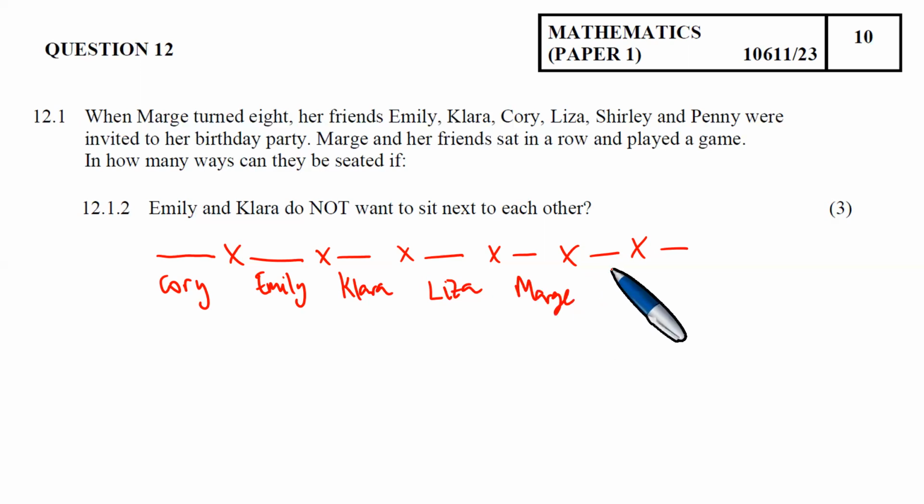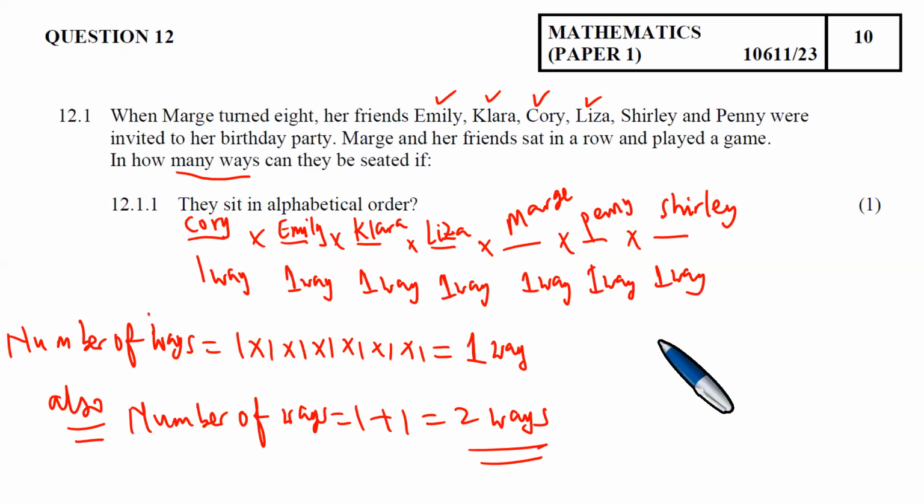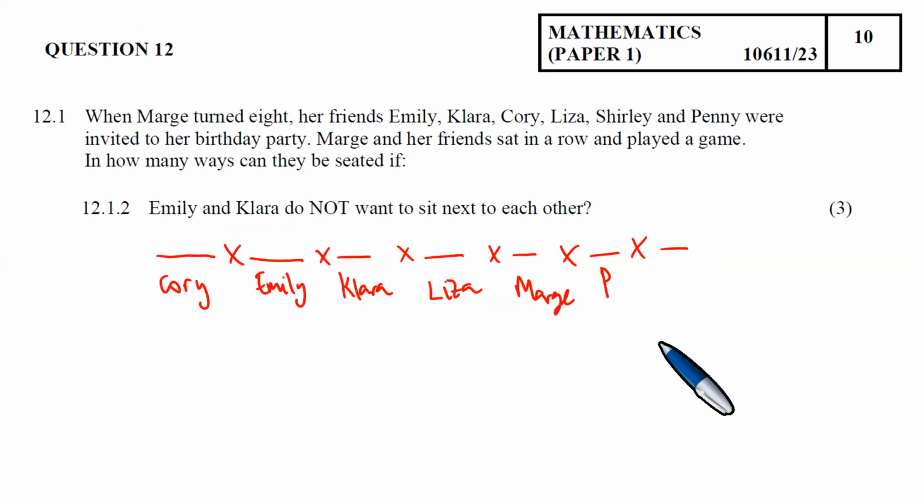Then we have MN or PQR. We had Penny, then Shelley. That's correct.